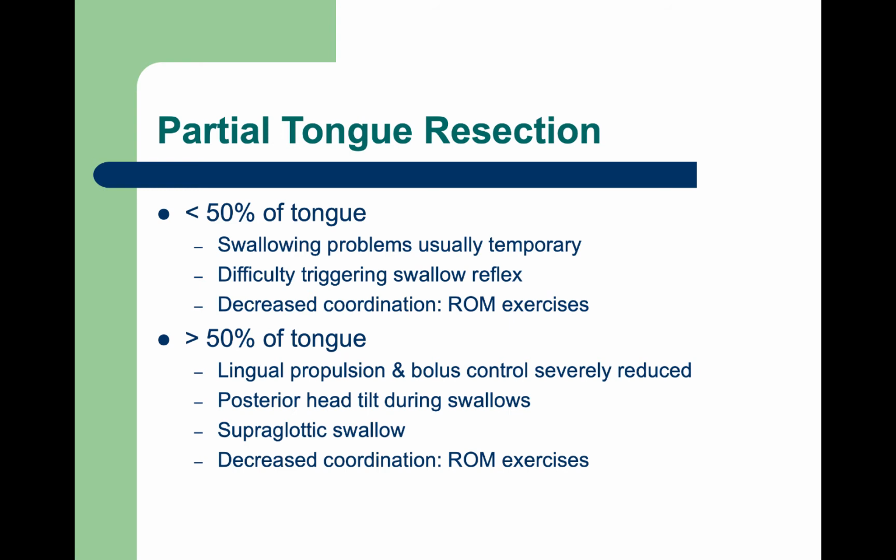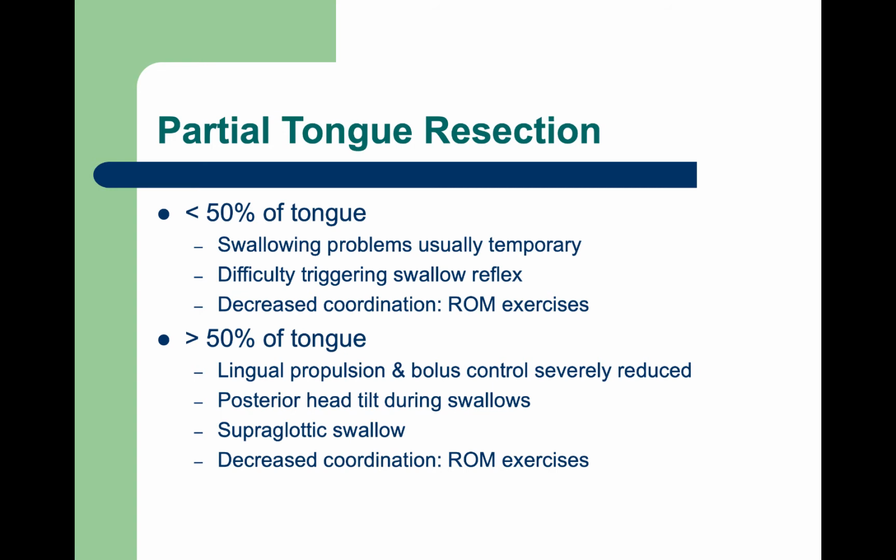Your textbook talks about the 50% rule. This 50% rule suggests that less than 50% removal of a structure will not result in a significant and permanent swallowing problem. Okay, so less than 50% of the tongue, the swallowing problems are probably temporary in nature.